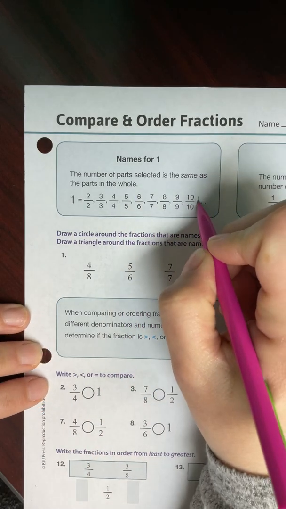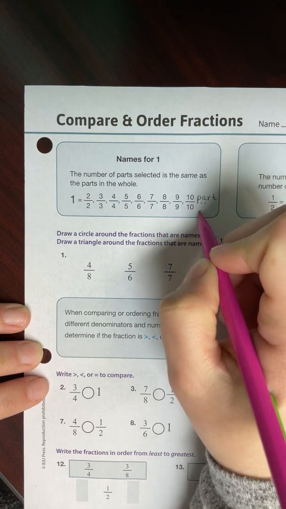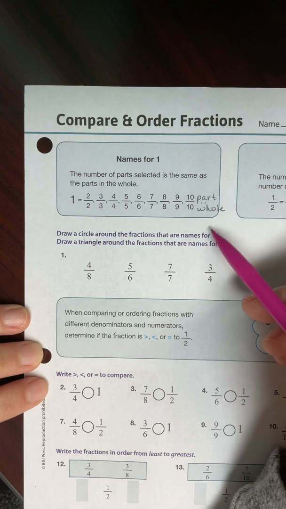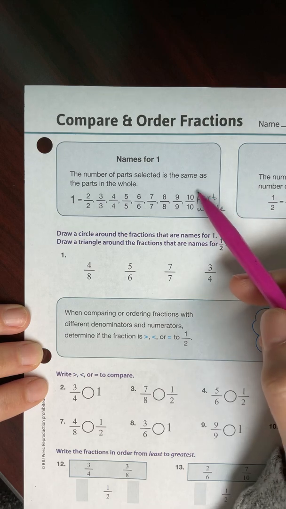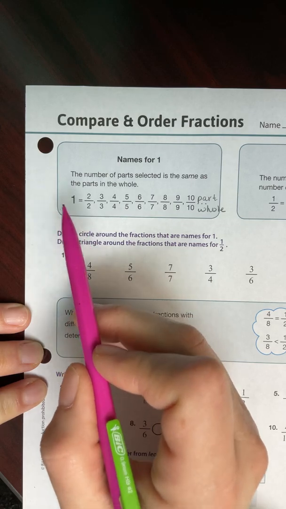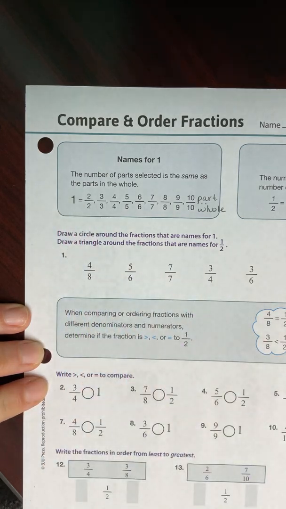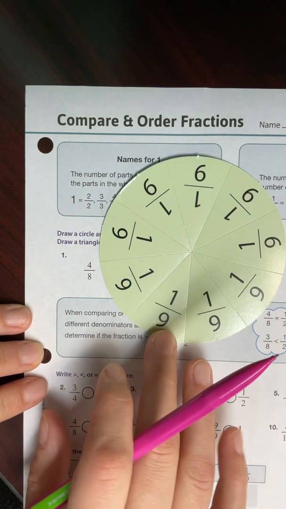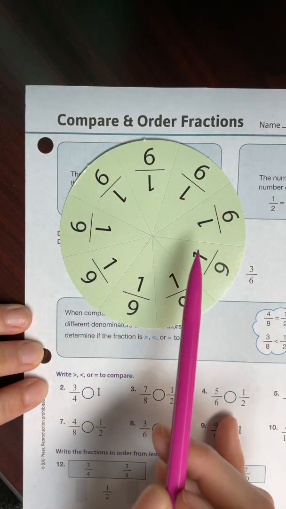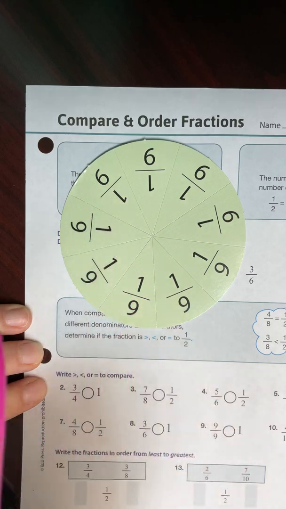As we remember, the top is the part, the bottom is the whole. So the numerator is the part, the denominator is the whole. And when you have all of the parts to your whole, you have one whole pizza or pie. Like if I was working with ninths, if I had 9 ninths, I have one whole pizza.